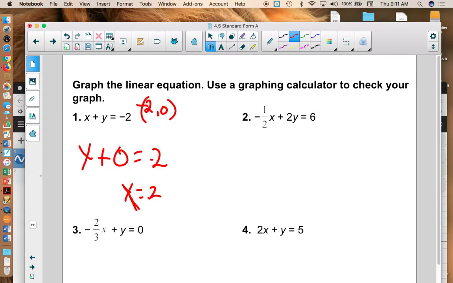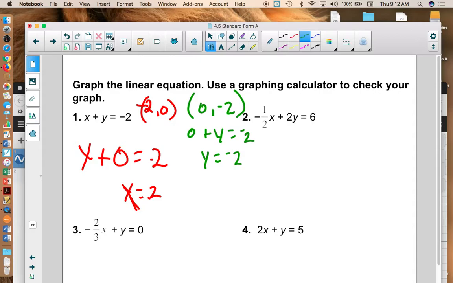Cadence? If I'm looking at the y-intercept, I'm on the y-axis, what is the value of x? Always 0. So what is 0 plus y equals negative 2? Y equals negative 2. There's my other set of points. Can I graph it? Yes.